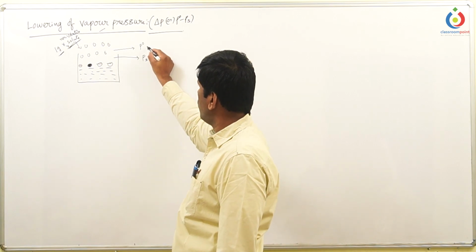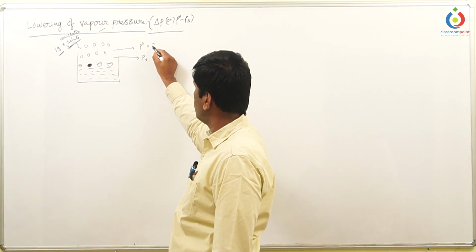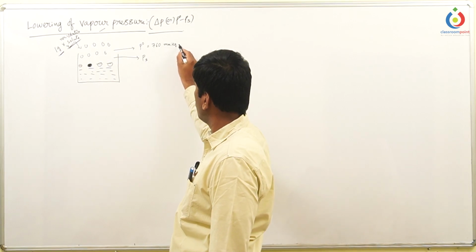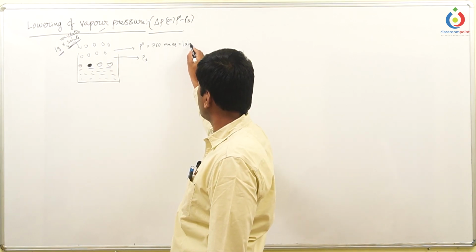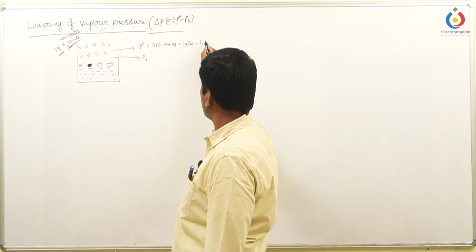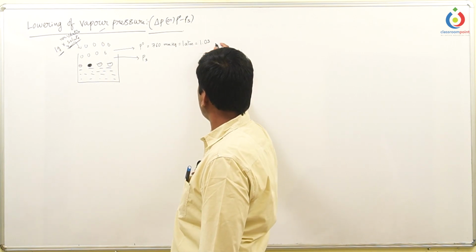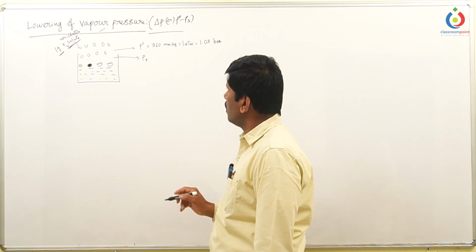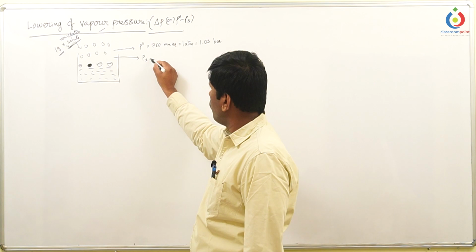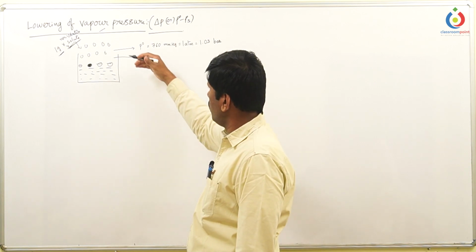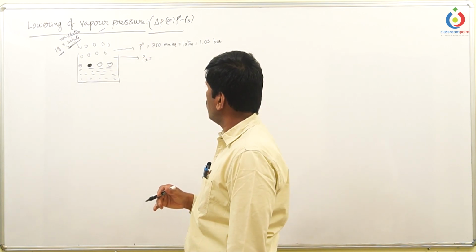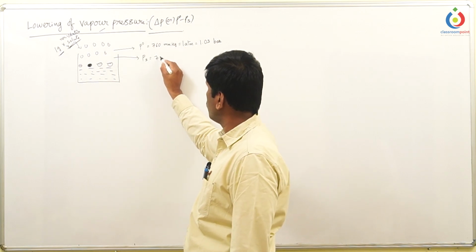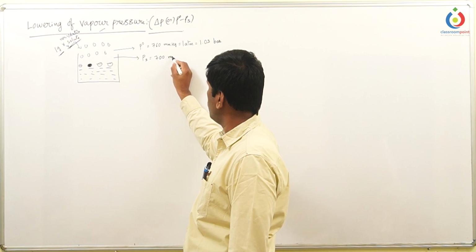Imagine the initial vapor pressure of the solvent was 760 millimeters of Hg, which equals 1 atmosphere, which is also equal to 1.013 bar, or 101.325 kilopascals. Now the vapor pressure of the solution is less than the vapor pressure of the solvent. Let us take the vapor pressure of the solution as 700 millimeters of mercury.